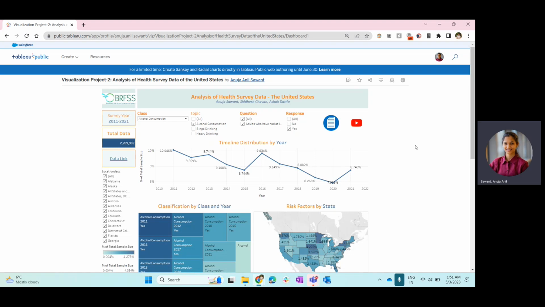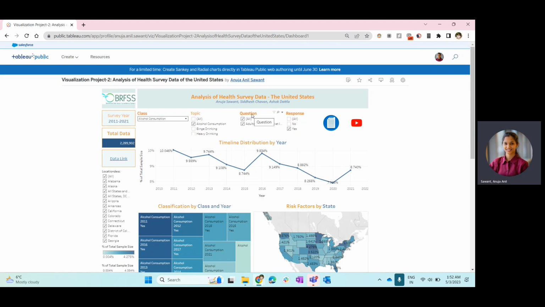Before I begin, I'll give you a short background about how this data is constructed to get a better idea behind the graphs we created. We can see 20 different classes considered while conducting the survey, and every class has one or more topics.